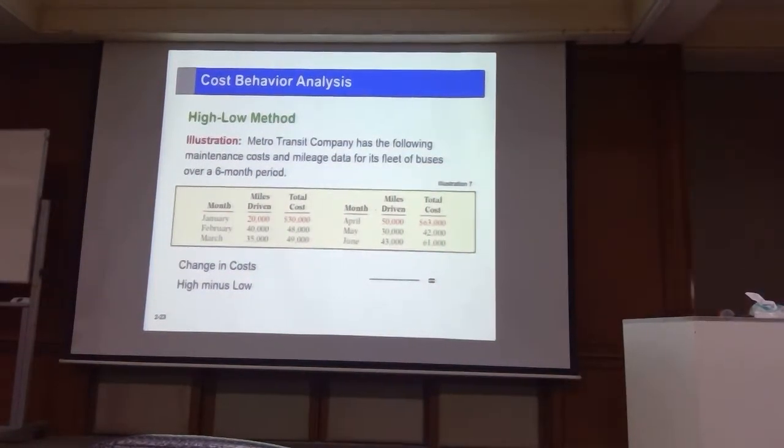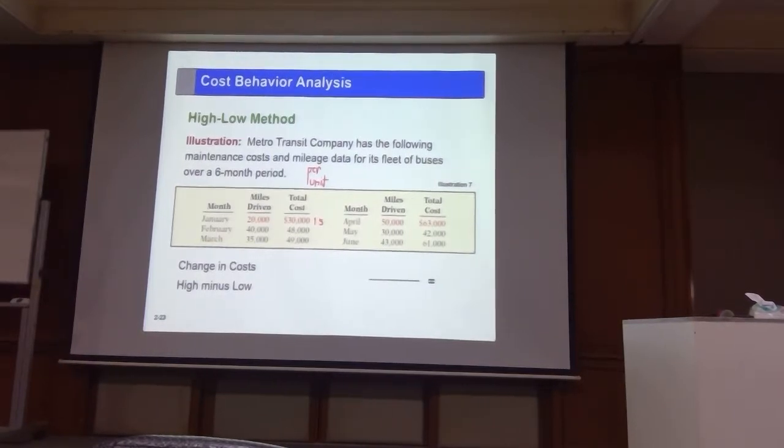If you find the cost per unit, how about in January? The cost per unit is 1.5, right? 1.5 per mile driven, okay? How about in February?